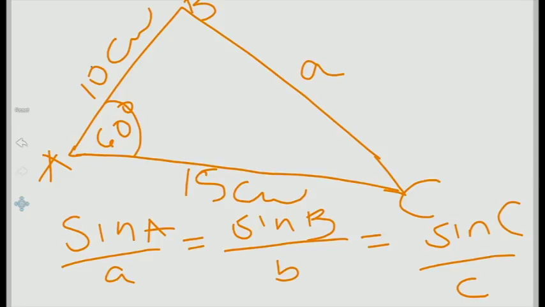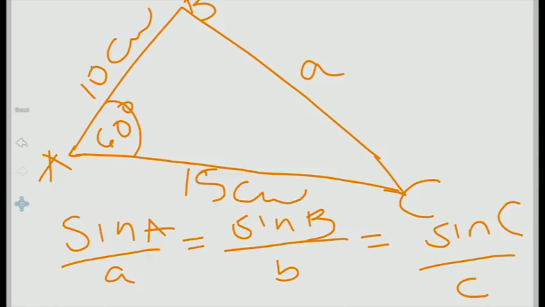We have angle A, but we do not have side A. We have side C, but we do not have angle C. We have side B, but we do not have angle B. So we cannot complete this formula to be able to solve. We cannot pick any two of these ratios that will work for us to find the missing angles or sides. So what are we going to use now?